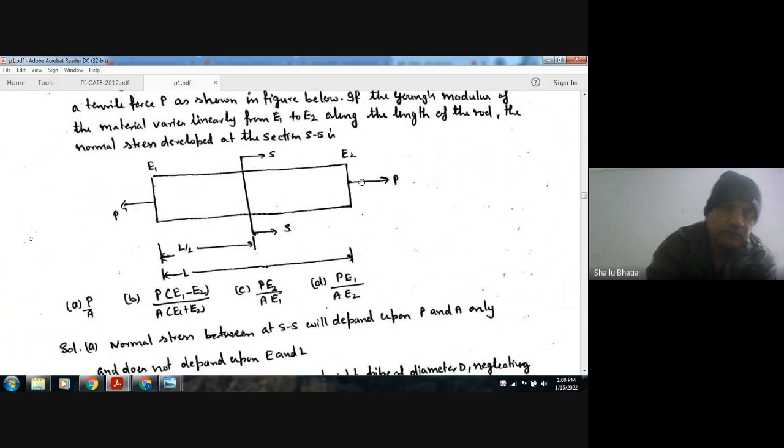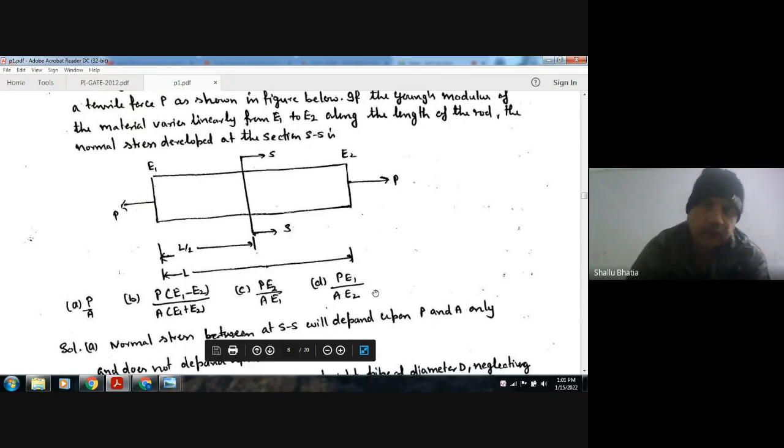This is your force P, here the modulus is E1, and here the modulus is E2, the length is L, and this section is L by 2 from this end. Options: A, P by A; B, P(E1 minus E2) divided by A(E1 plus E2); C, P E2 divided by A E1; D, P E1 divided by A E2.